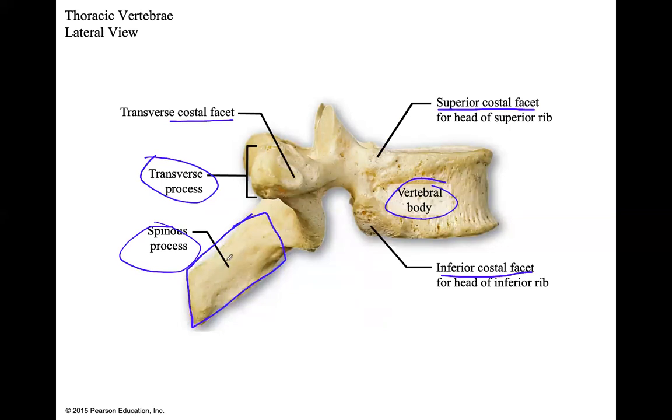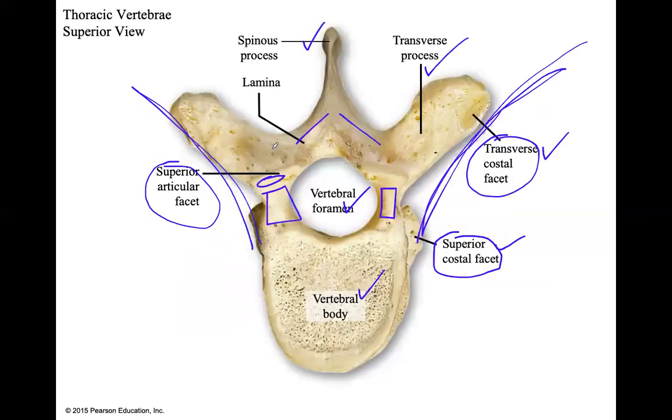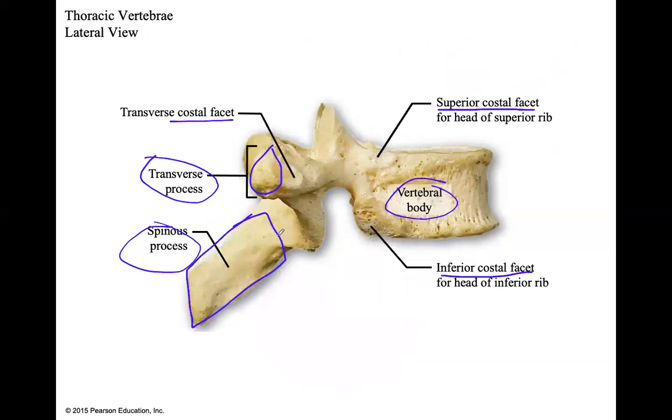All the thoracic vertebrae have spinuses that go down, but their transverse processes angle up. So they move in opposite directions. Those features tell you it's a thoracic vertebra.